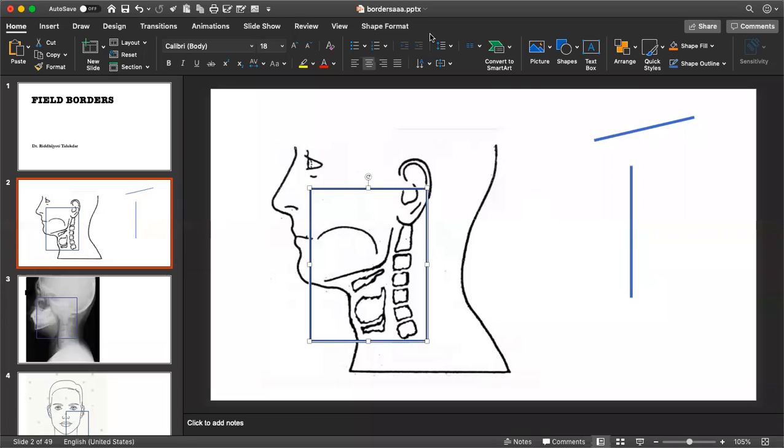It's a 45-degree wedge that is commonly used in your oral cavities. For the lower alveolus, you're using a lateral field and an oblique anterior field. So that is where you use your wedge.